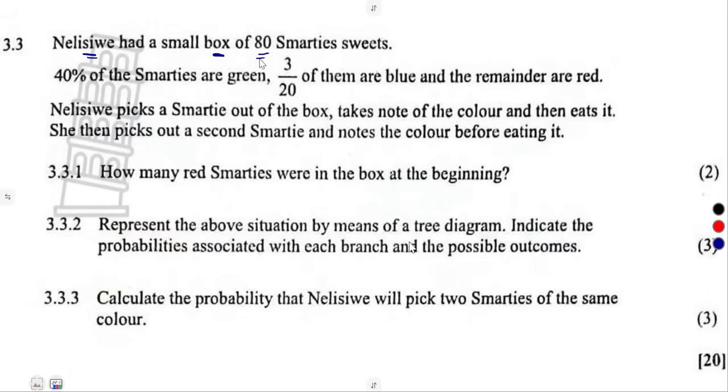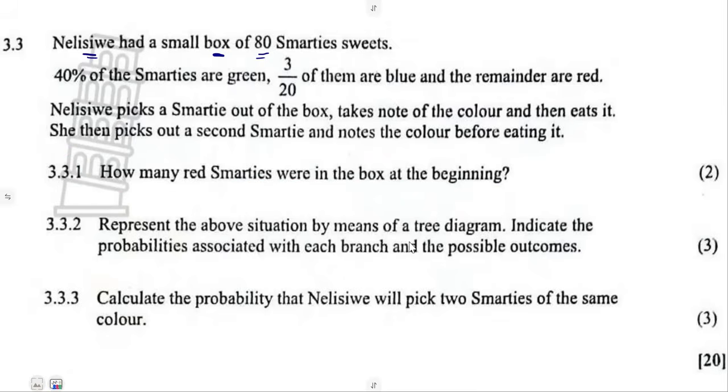So there are 80 of them. And out of that, we are given this information and that other information. The question 3.31 was: how many red Smarties were in the box at the beginning?